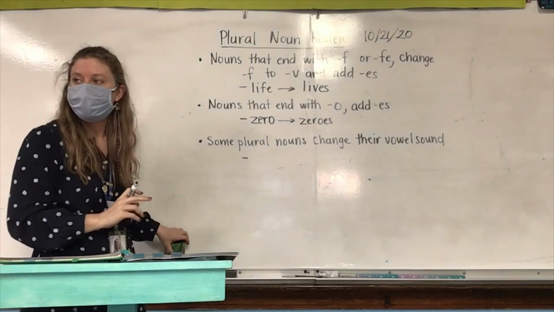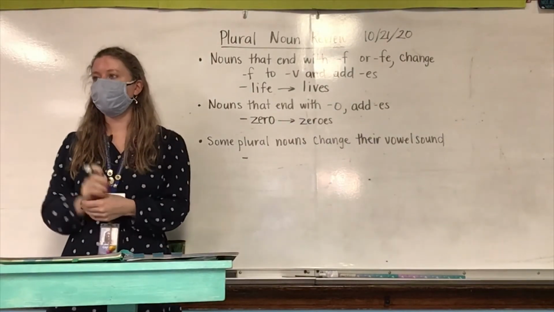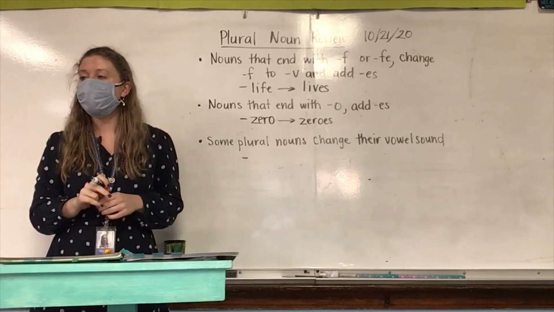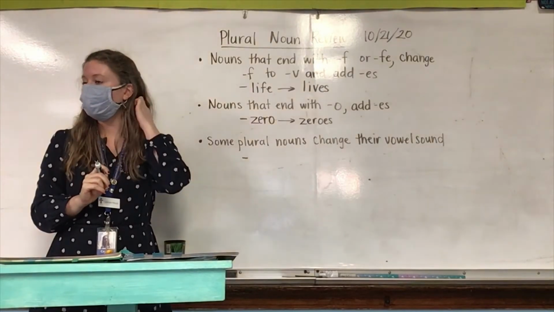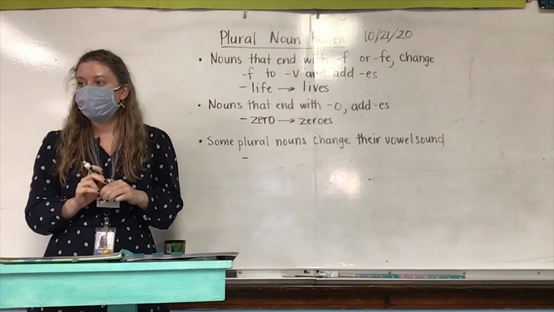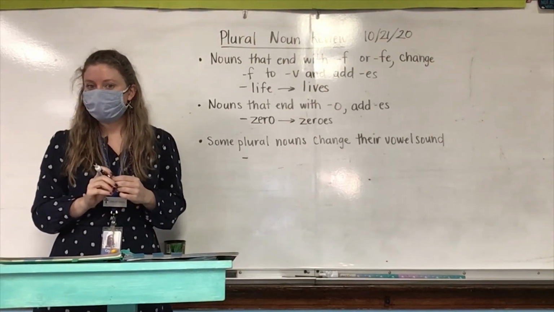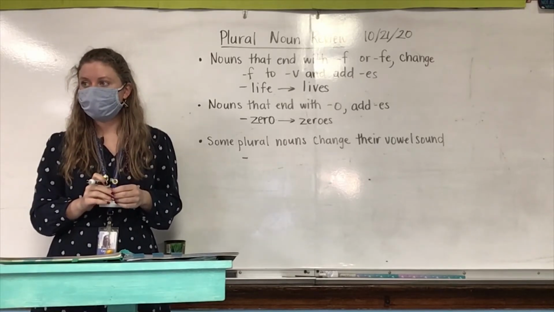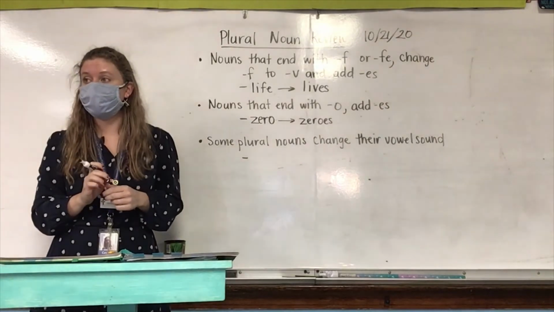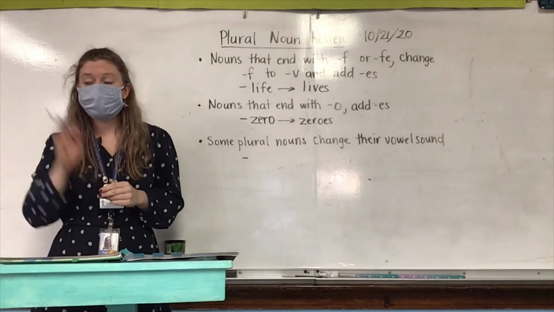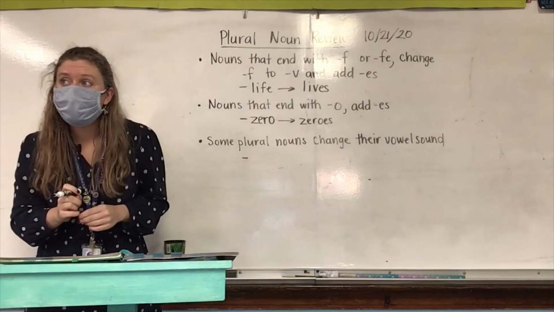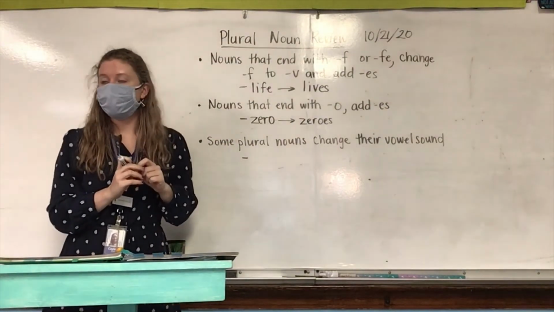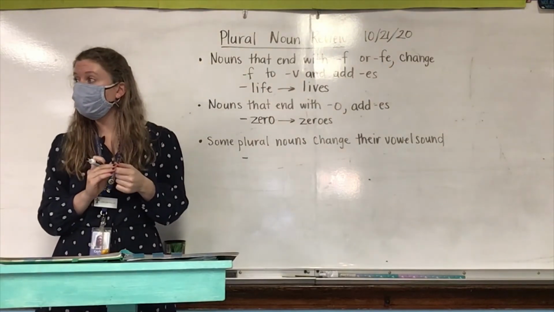Ethan. So tell me the singular noun where the plural noun changes the vowel sound. Where do you have examples of this that you could use if you cannot remember them? Look at the examples that you have. Not potato. That follows this rule. Who can help him out? Victoria. Shrimp.